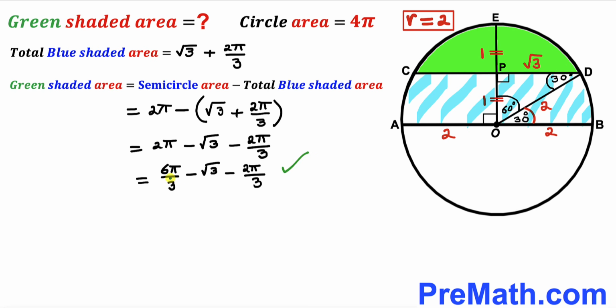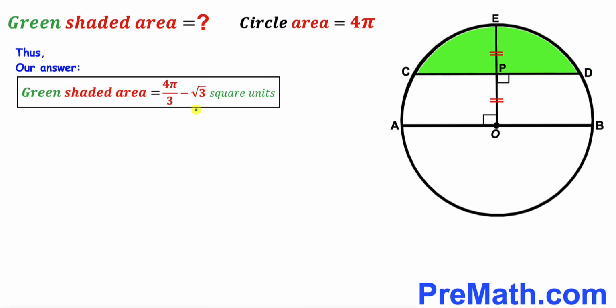And now we can see we got the common denominator 3 for both of these fractions. And now if we subtract this and this, that is going to give us 4 pi divided by 3. So therefore this green shaded region turns out to be 4 pi divided by 3 minus the square root of 3 square units, the area of this green shaded region.